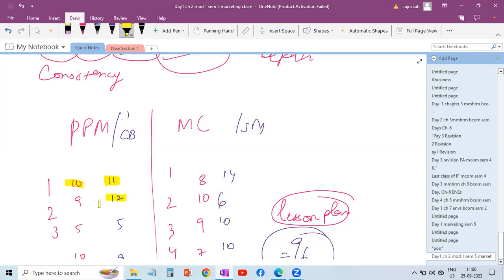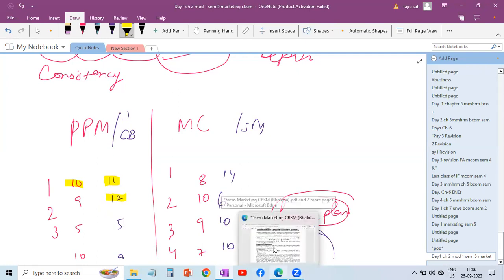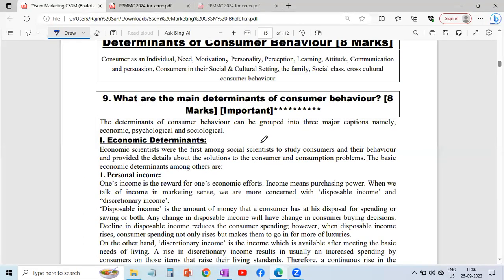So we'll be covering this unit 2, module 1 of CB today. We just discussed the syllabus. A total of 8 marks will come from this chapter. All the chapters are equally important. You cannot drop any for your exam.